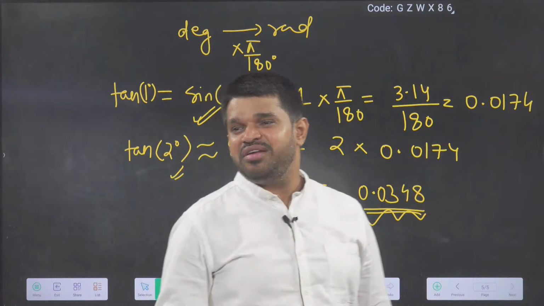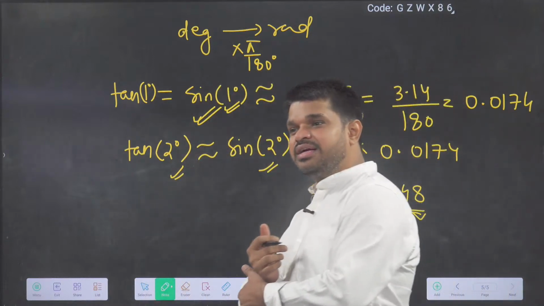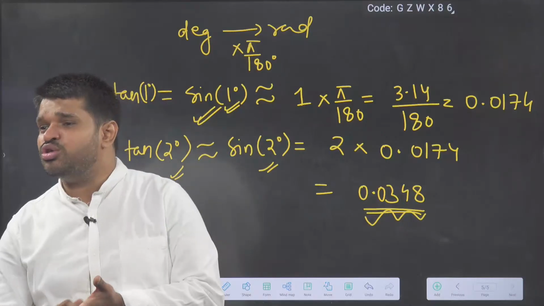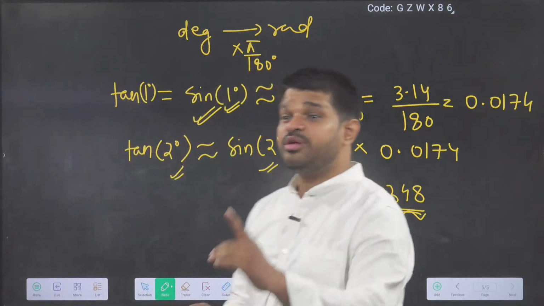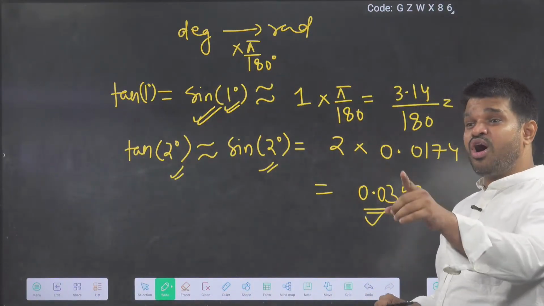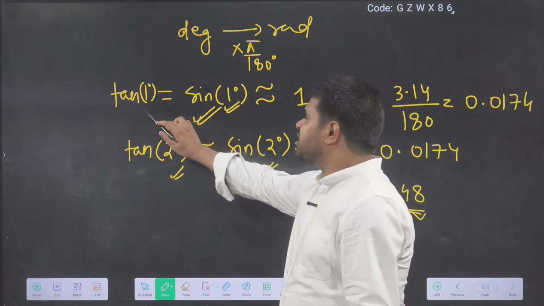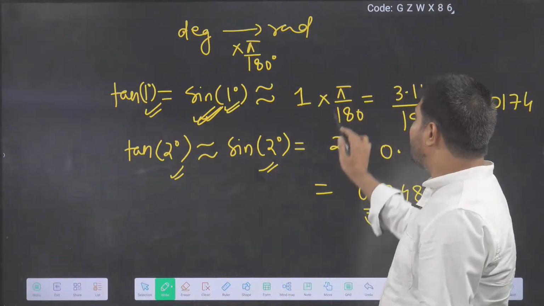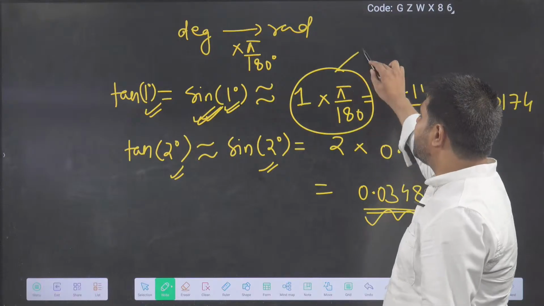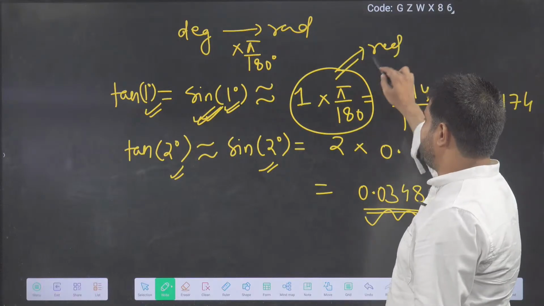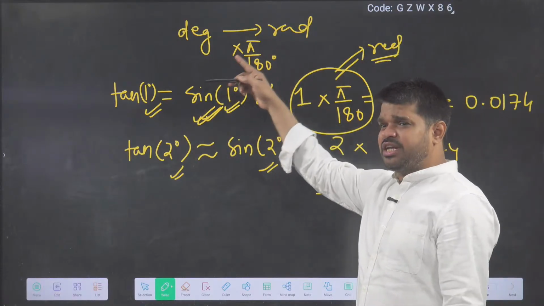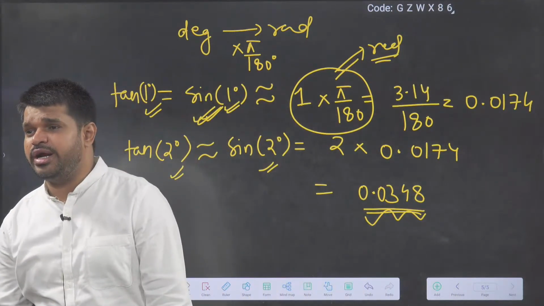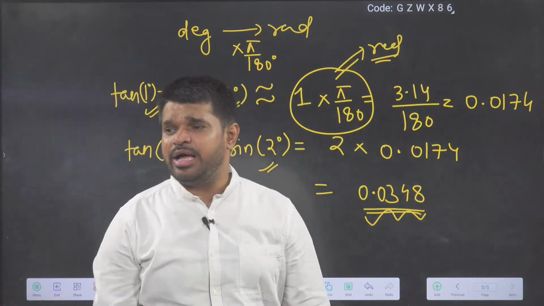So remember, for small angles, sine theta is equal to tan theta and both are equal to theta, but theta must be expressed in radian. And to express degree into radian, you have to multiply with pi by 180.